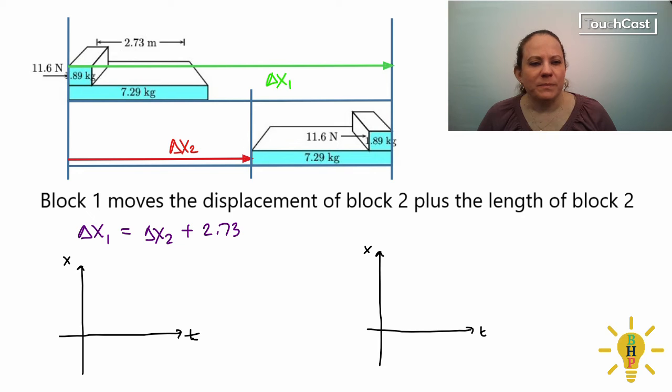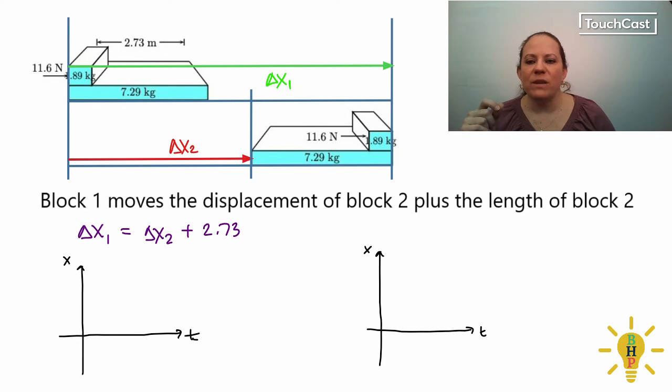So if I want to consider the left end of block 2 as my origin, then I might show the acceleration of my small block. Let me actually grab a different color for that.